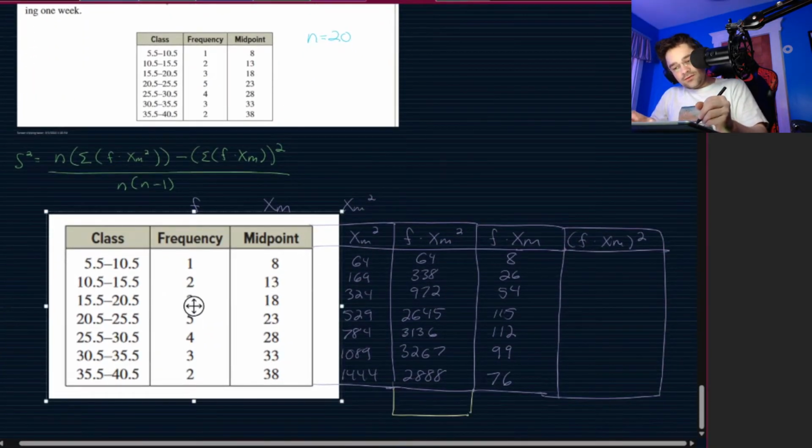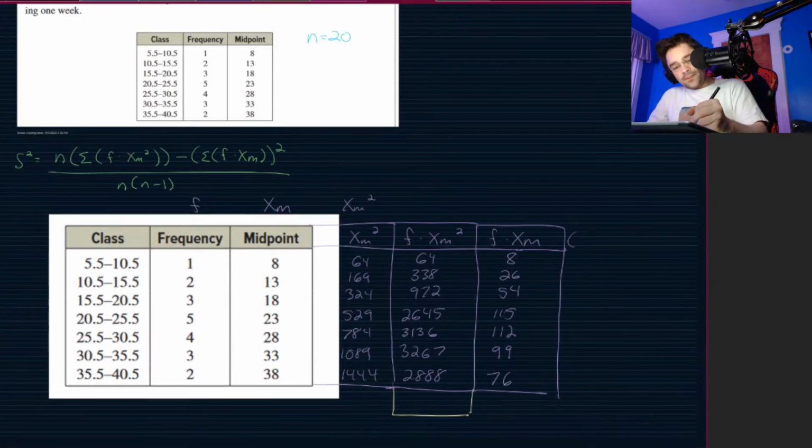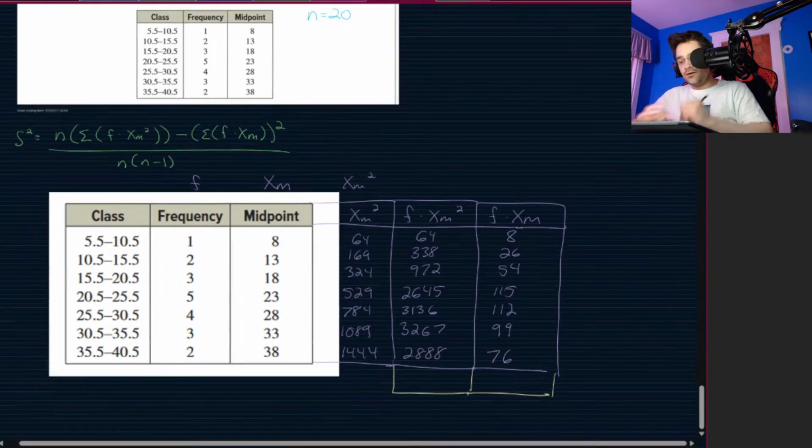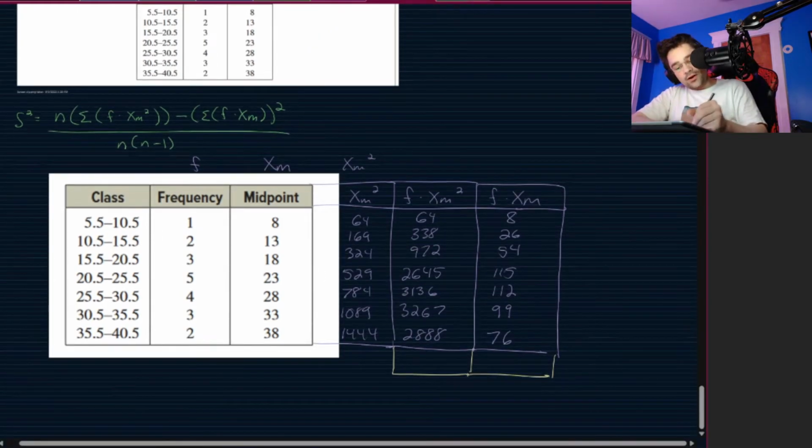So it turns out I don't need this column. I just need these 2. Okay, and then I'll have to square whatever this is in a later step.